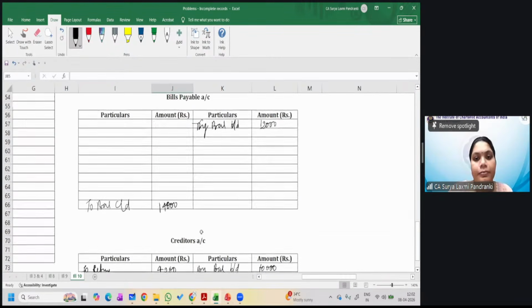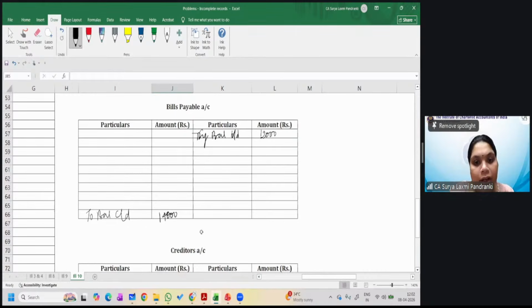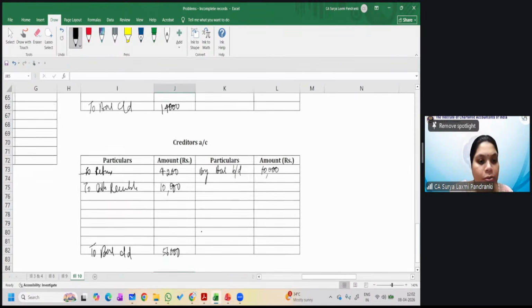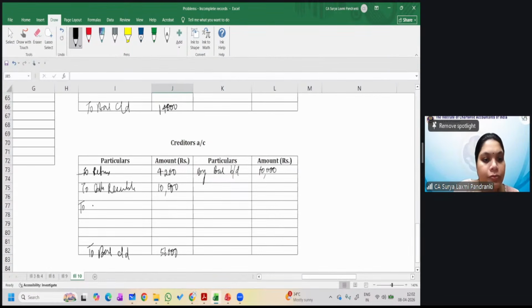So in bills payable account I will write by sundry creditors. How much is the amount? 24,000. And what about the creditors? You will write to bills payable account, 24,000, right?